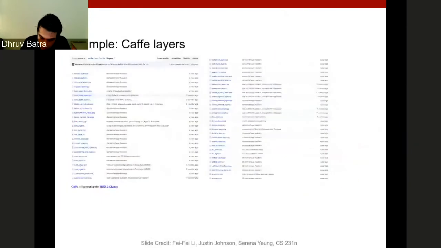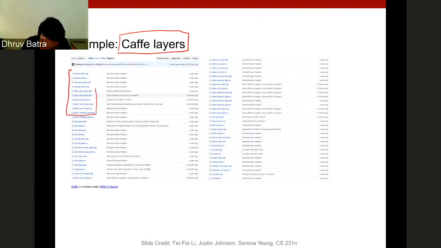Okay. And if you open up a library like Caffe, which it's been a few years, you probably won't do that now. Now you do go to PyTorch. Caffe, for example, had different C++ functions corresponding to different layers. So there was an absolute value layer.cpp, an accuracy layer.cpp, an argmax layer.cpp, base conv layer, and so on.